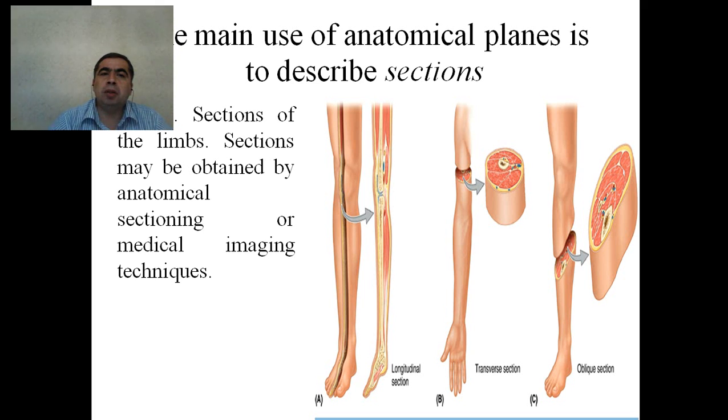Again, you are looking at the main use of the anatomical planes, which is to describe the sections. In this figure, sections of the limbs by topography. Sections may be obtained by anatomical sectioning or medical imaging techniques: longitudinal section, transverse section, or oblique section.